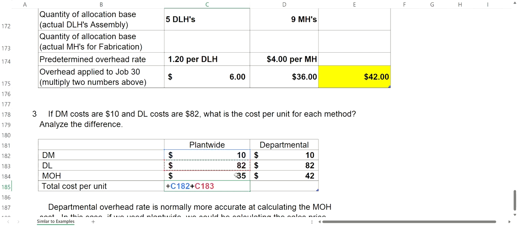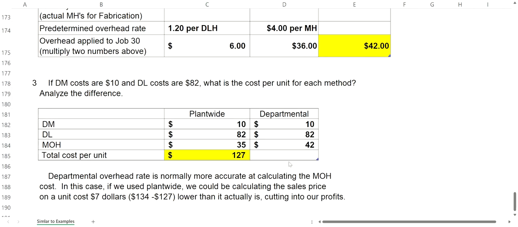If I use plant-wide, I came up with a unit cost of $127. For departmental, I'll add 10, 82, and 42, and came up with a total cost per unit of $134. So notice that by doing departmental, we come up with a little bit higher cost of $134.